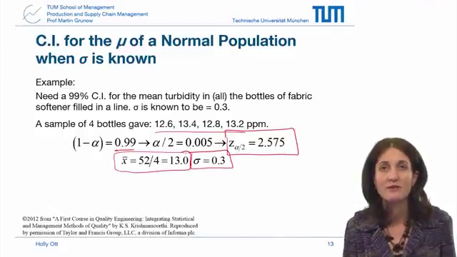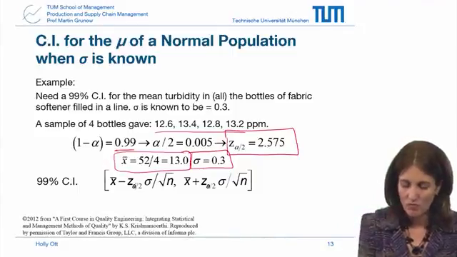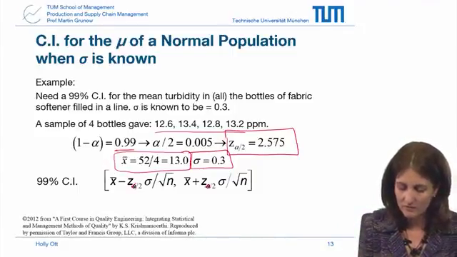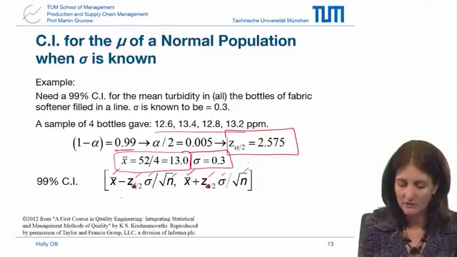So now we have all the elements we need for our confidence interval. We have alpha, we have x bar, we have z, we have sigma, and we have the square root of n.